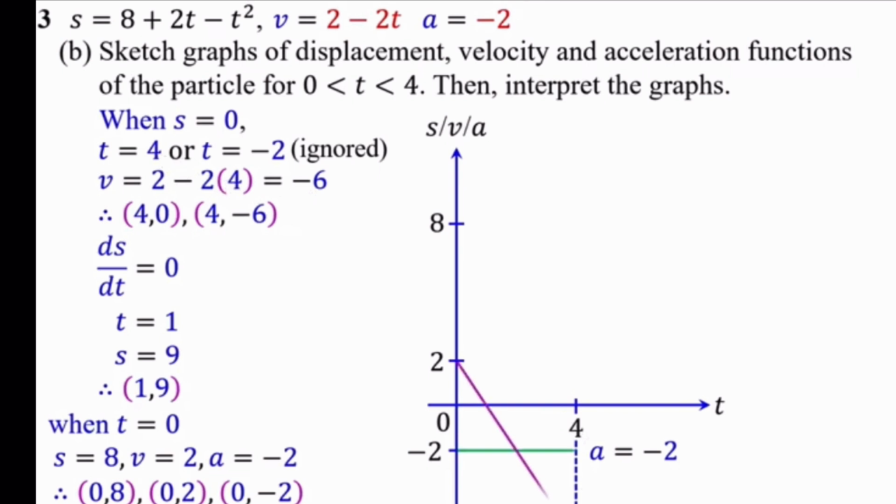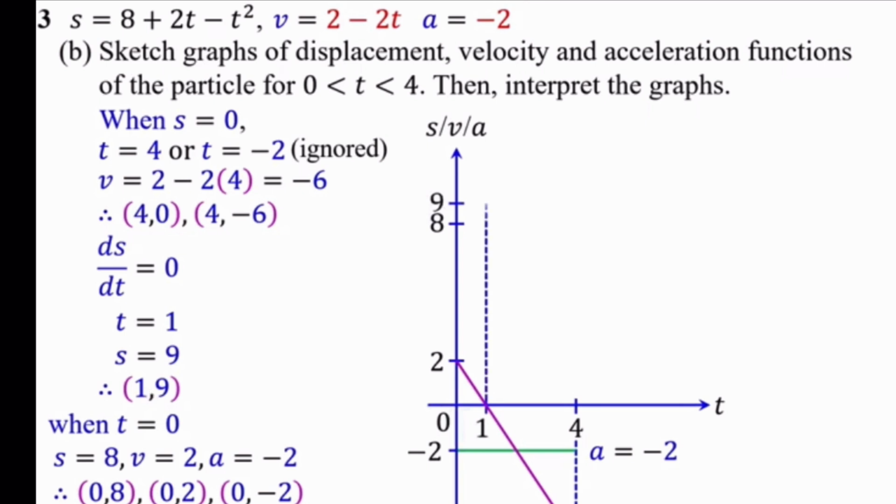For example, we need the (0, 8), we need the (1, 9) for the maximum point. And also we need the (4, 0), which is when the displacement is 0, we have time which is 4, right?